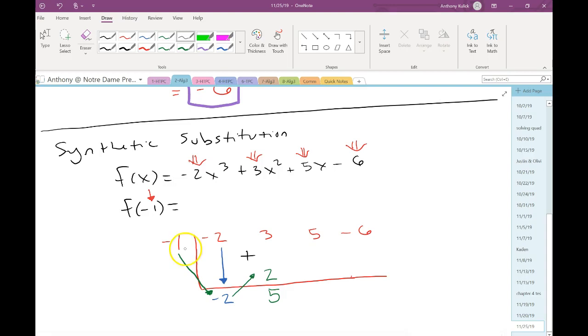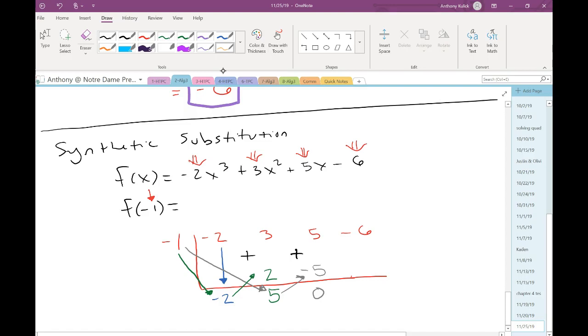So the next step now, I'm going to take my negative 1. I'm going to multiply it by the 5. Write the answer above the bar. And then add down. Everybody so far so good?